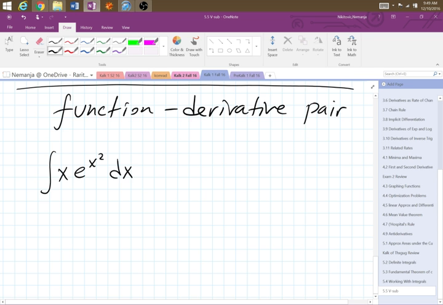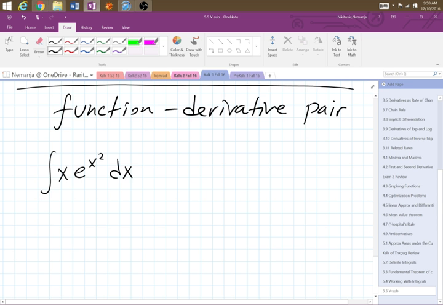There are 2 functions that are multiplied, but e to the x squared is a composite function. So how many choices do I have for u? I actually have 3 choices for u. u could be just x, u could be x squared, u could be e to the x squared. So there are 3 different choices for u.